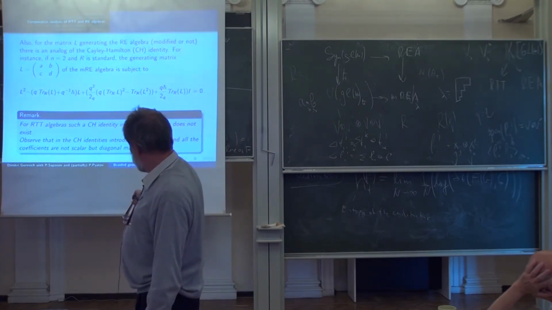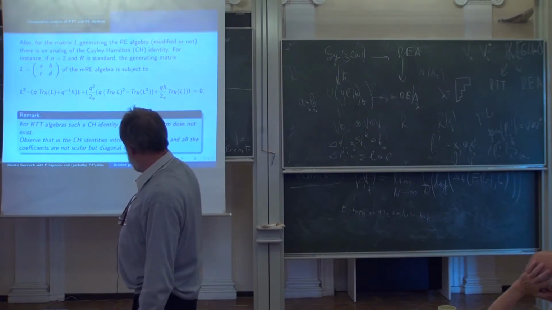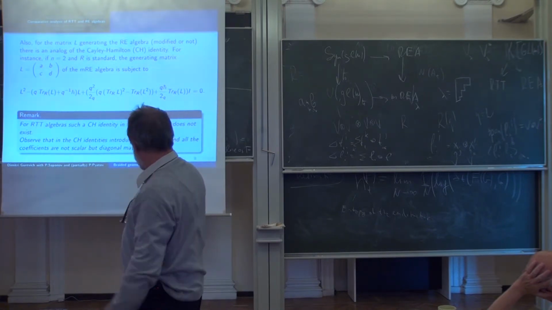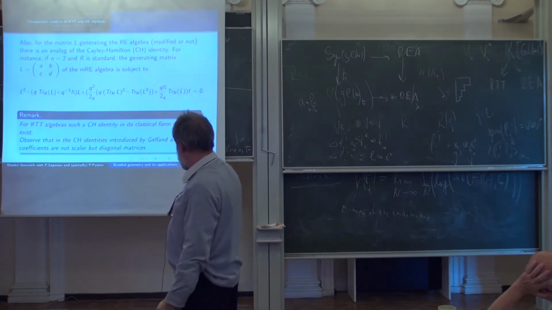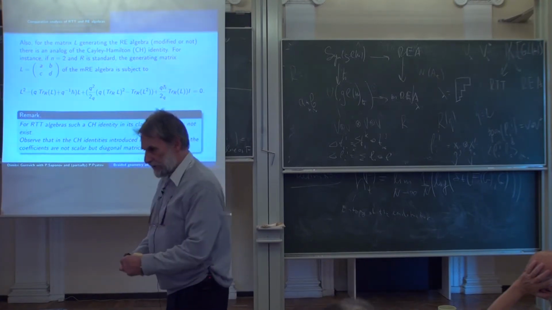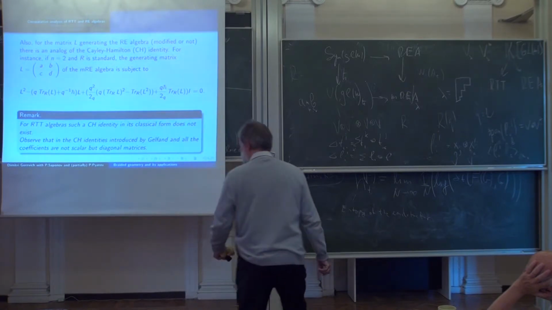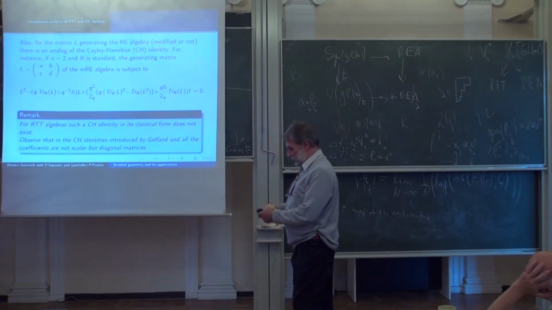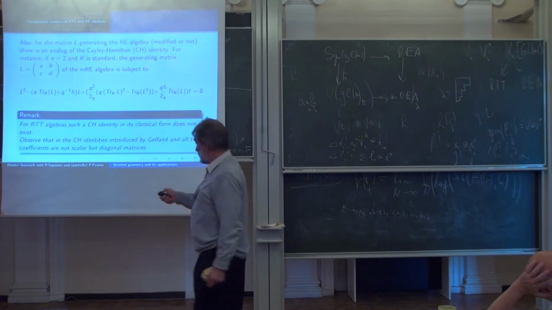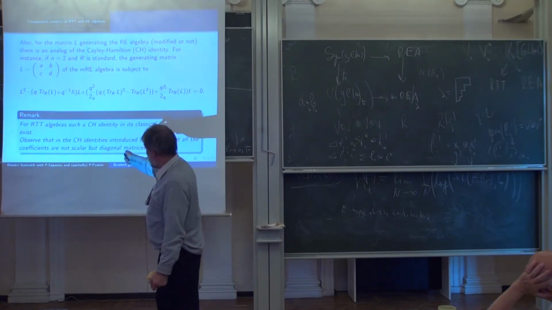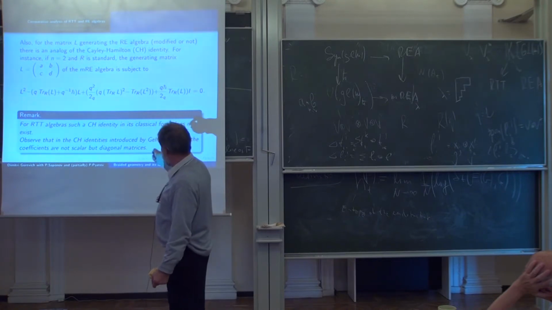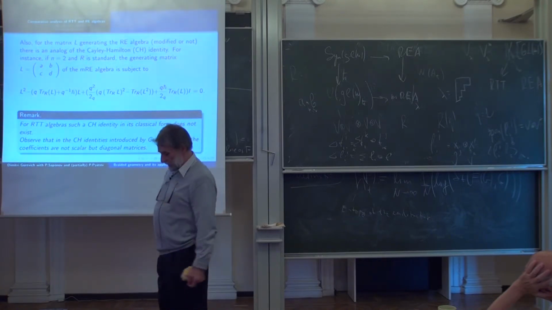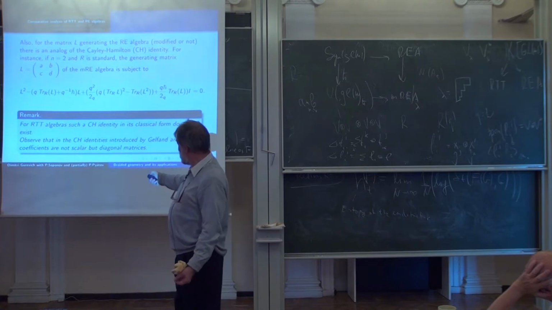But I would like to mention here also the Cayley-Hamilton identity by Gelfand and others, because in the Gelfand approach, the Cayley-Hamilton identity contains coefficients which are matrices. So you see here we have an element from the algebra here as well. All coefficients are central. In the Gelfand situation, it is not so.